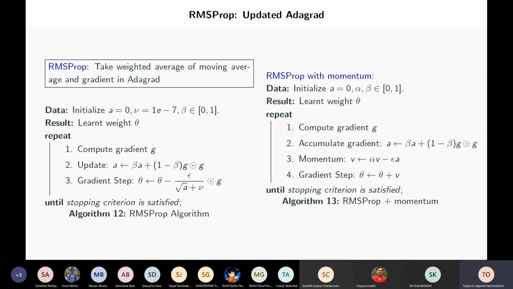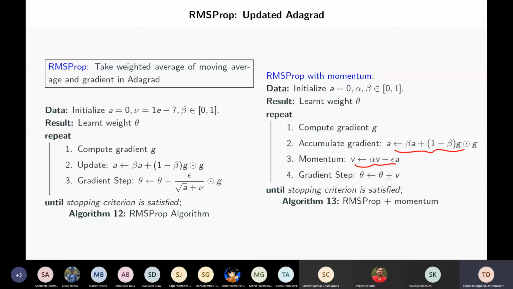One may try to do many things on top of this. You may do a hybrid, something like this. You are taking the average of the acceleration, and you are also taking some velocity term, and then you are updating like this.